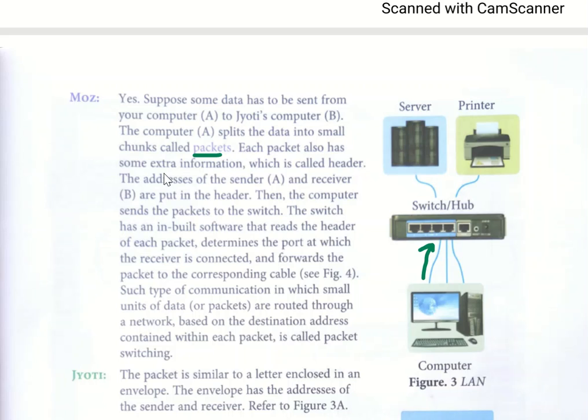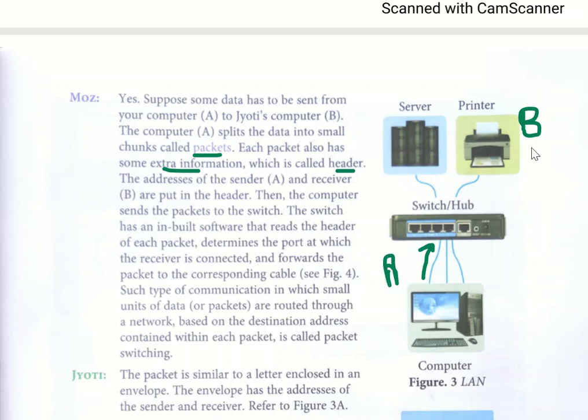These packets also contain some extra information, which is known as the header. Now, what is that extra information? For example, if we want to send a letter from device A to device B, what do we do? We simply put the address of A and the address of B on the envelope of the letter so that it is transmitted to that particular person or device.